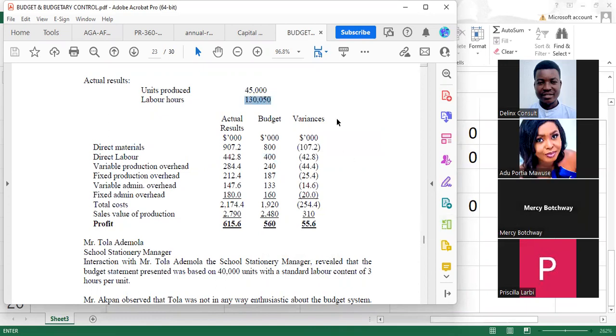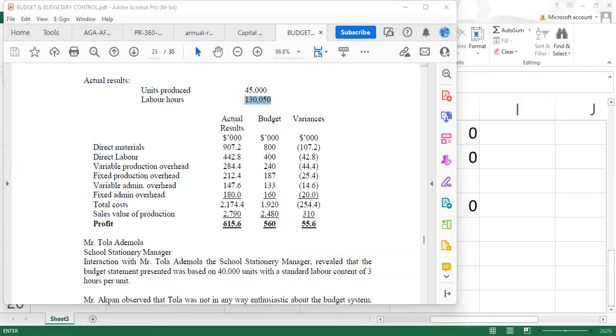How much should you have spent? It's the same thing: the actual hours over the budgeted hours times the budgeted overhead cost.